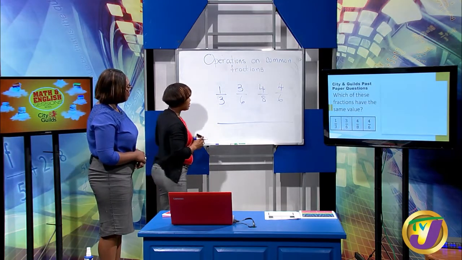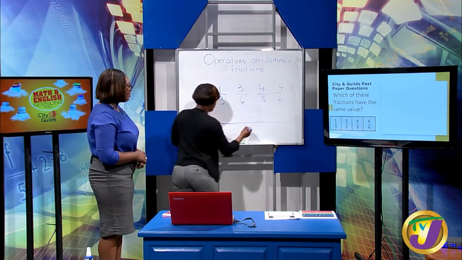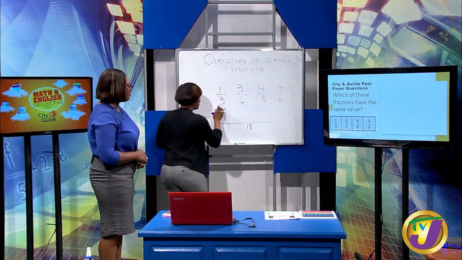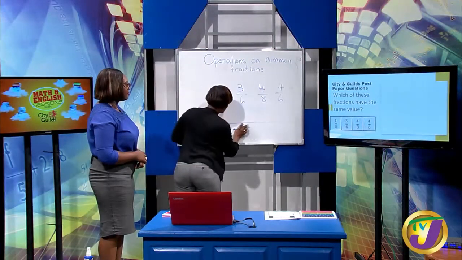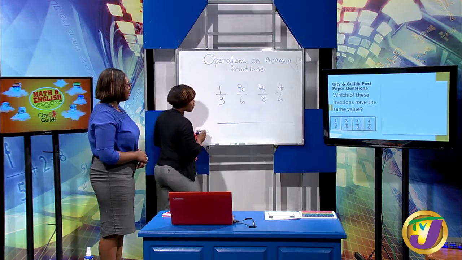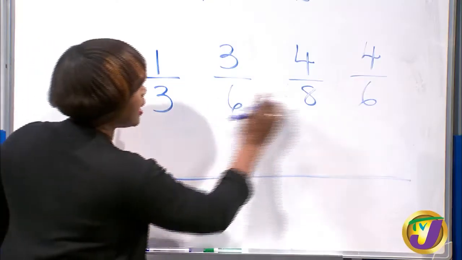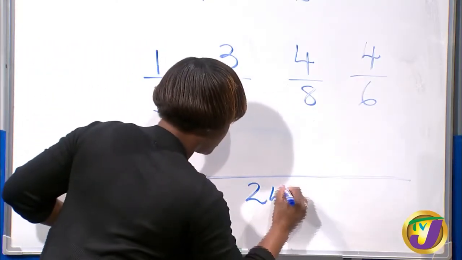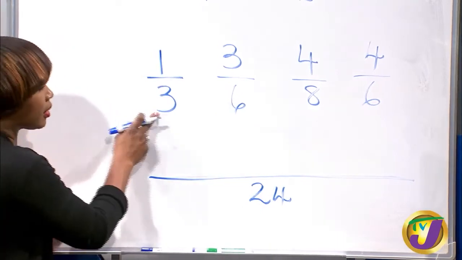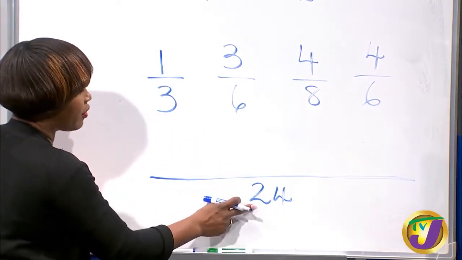Let's see. 18? No, 8 can't go into 18. What if we did 24? Okay, let's see. 24. All right, excellent. So 3 divided into 24 goes 8 times.